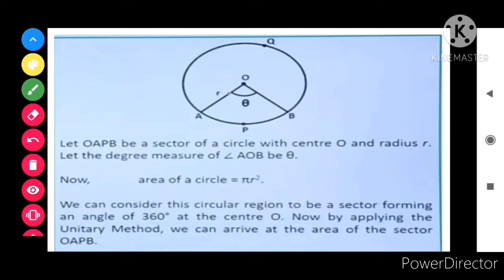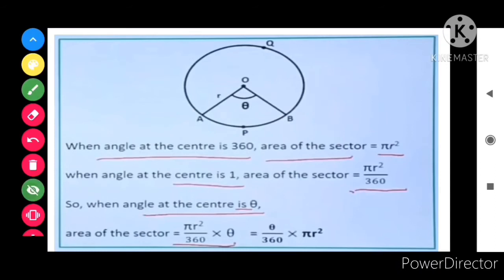Let us see. When the angle at the center is 360 degree, the area of the sector is pi r square, because the sector is the whole circle.